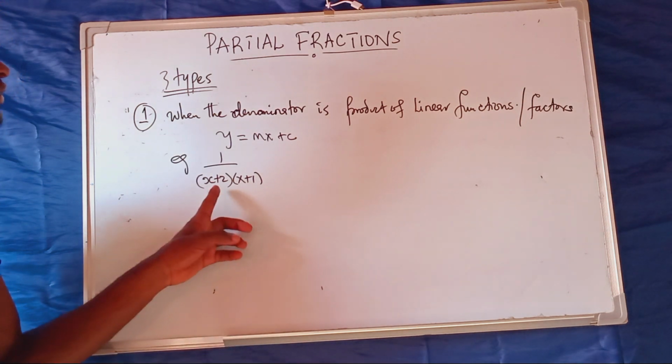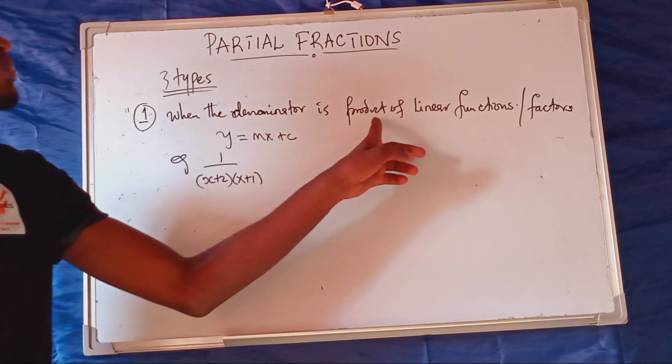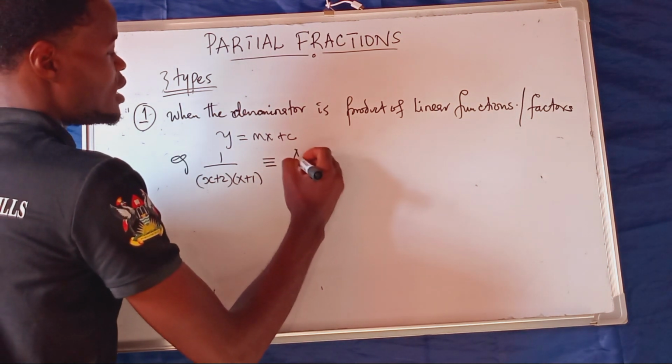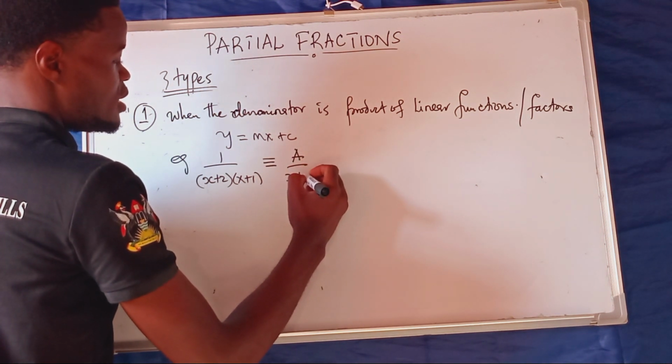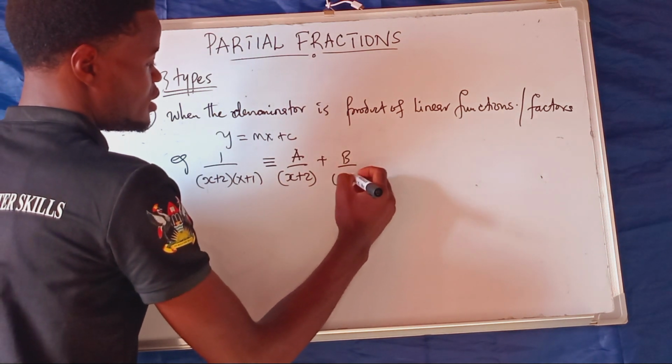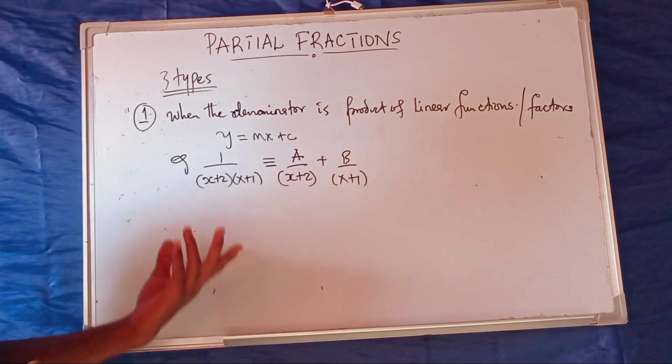If the denominator is a product of linear functions, we always equate this to A over the first function plus B over x plus 1, like that.